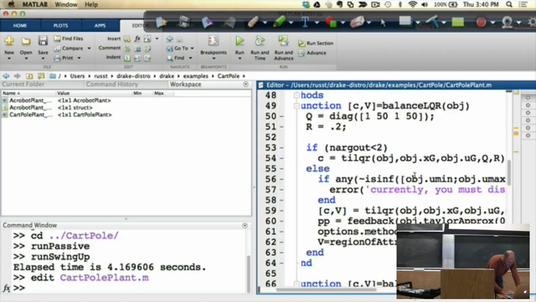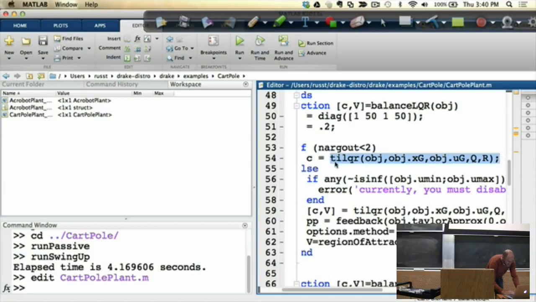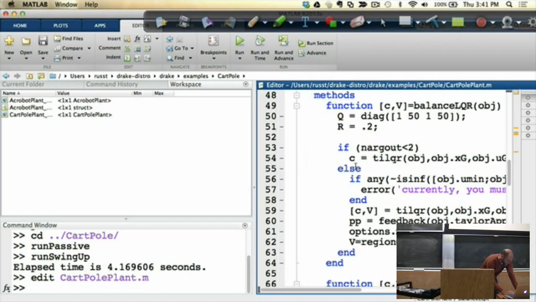So literally in the code we've given you, you can just call LQR. This is the time-invariant LQR, because we do have a time-varying case that we'll talk about later. I just give it the system, the cart-pole plant. I give it my x0, my u0, Q and R. It'll give me back a controller in this case, okay?